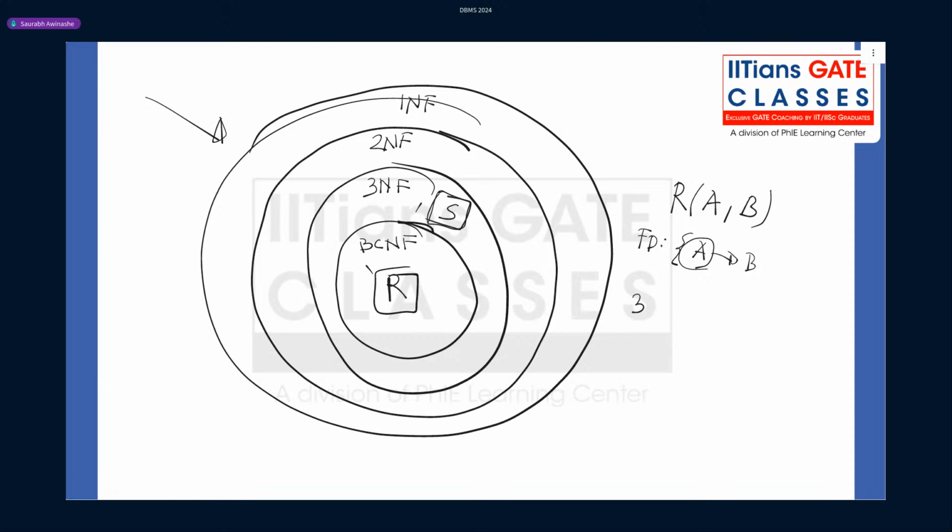Remember that for 3NF, we had seen the rule that the LHS has to be a super key in the functional dependency set, or the RHS has to be a prime attribute.